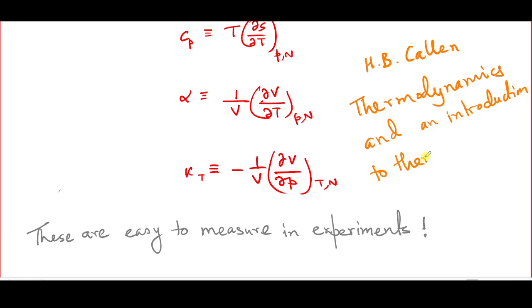I'm going to borrow heavily from Callen's book today, simply because Callen gives a very, very systematic procedure for reducing partial derivatives to these three quantities in the end. It's a sure shot procedure which is guaranteed to work.